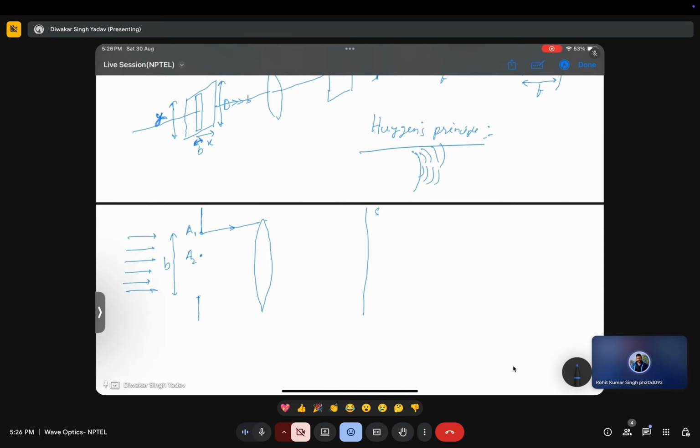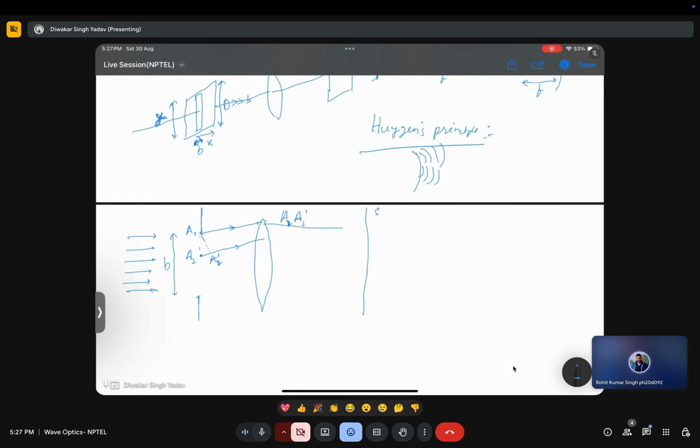And at A2 it can also go like this. So these two wavelets will have a path difference, let's call it A2 prime, given by this distance A2 prime. This is the path difference between these two.